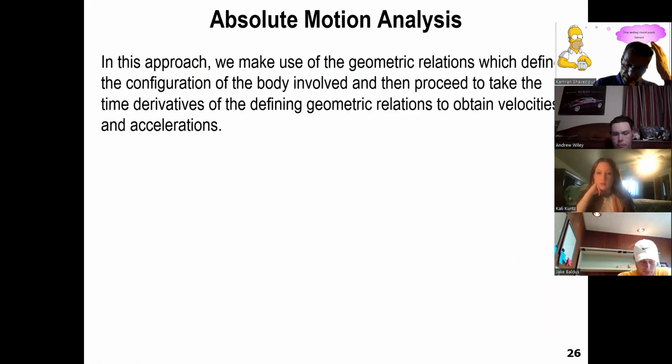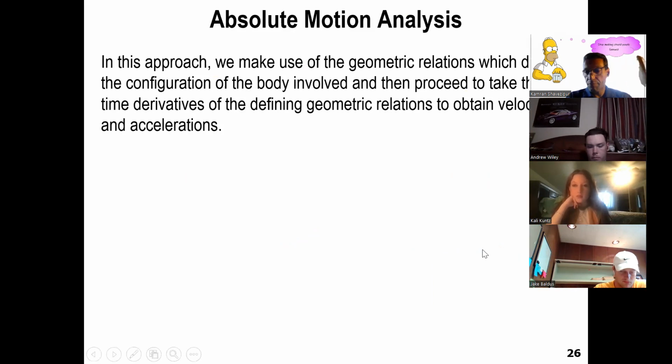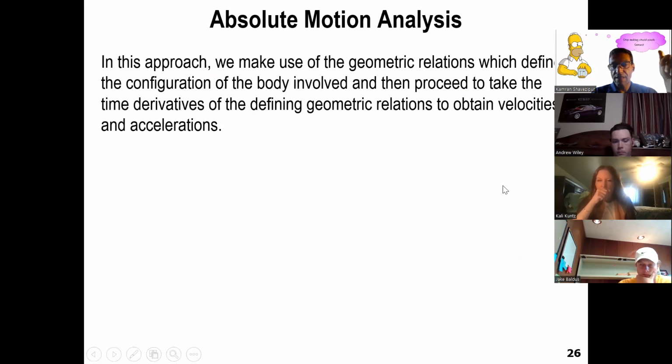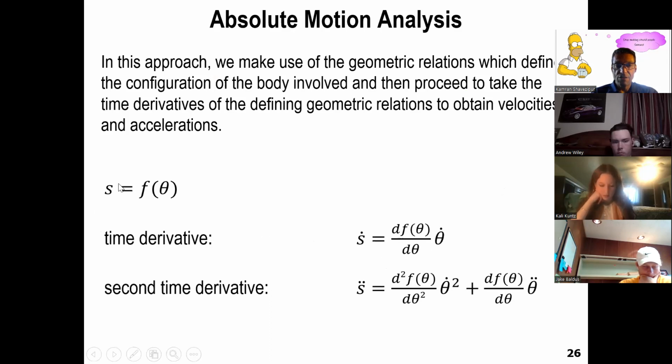Now, as I said, in absolute motion analysis, we relate the geometry of the system to particular points on a rigid body, and we create equations like L equals sine theta, L equals cosine theta, and things like that, right? Theta is the angular position, and L or X or Y or S are linear displacements or positions. So technically, your displacement is a function of theta. What this function is depends on the geometry.